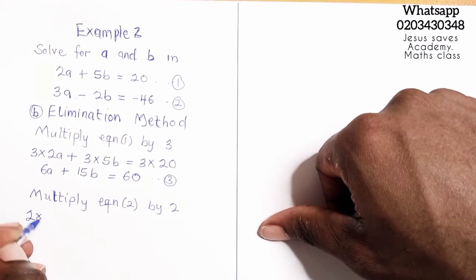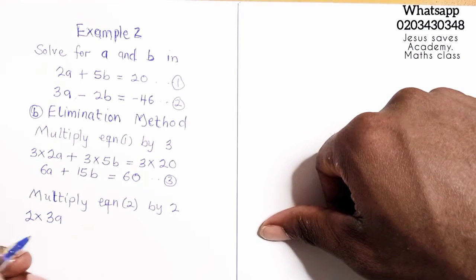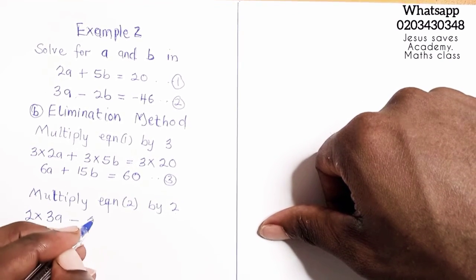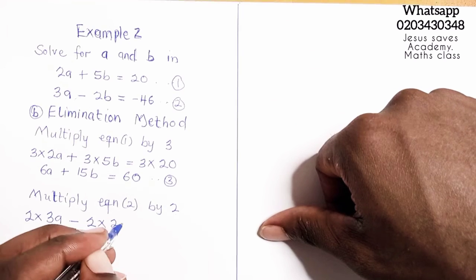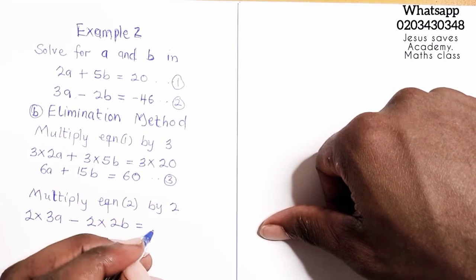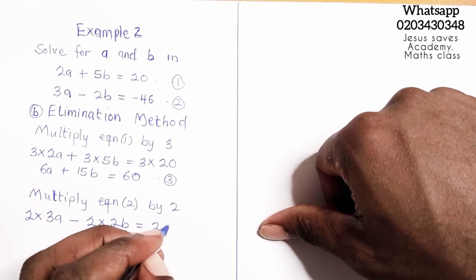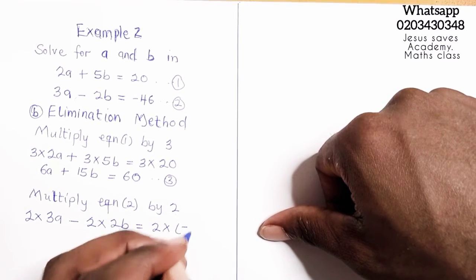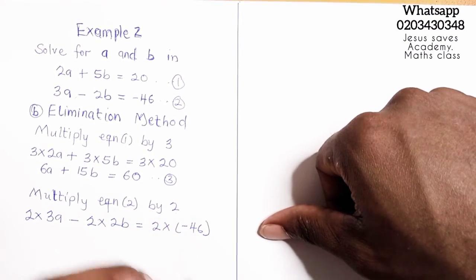So we have 2 times 3a minus 2 times 2b is equal to 2 times minus 46.